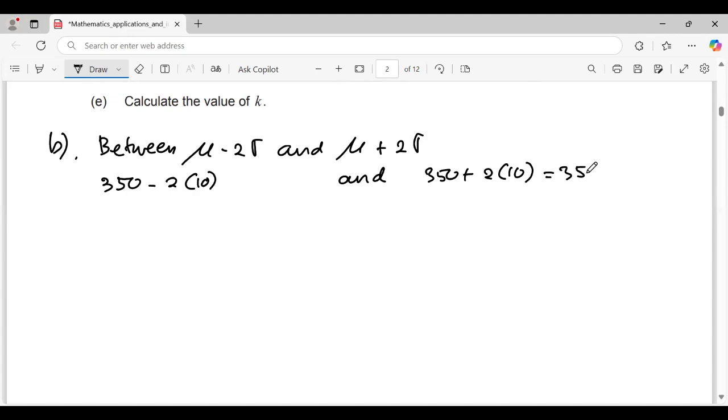It is 350 minus 20, and for this one we got 330. And this one, we got 370.